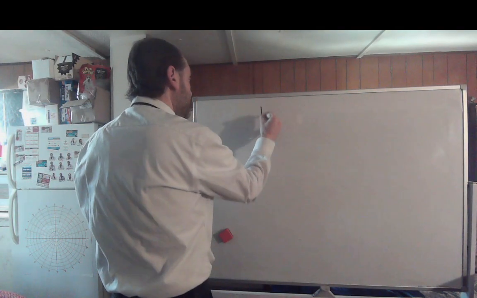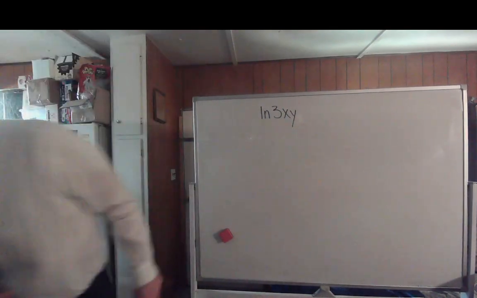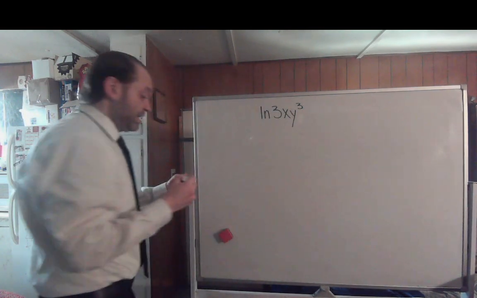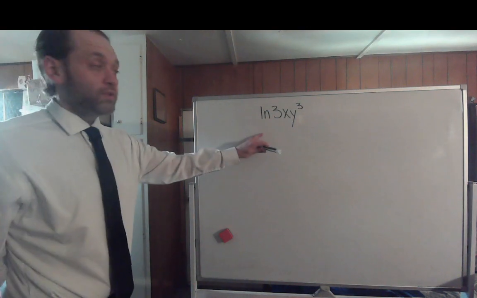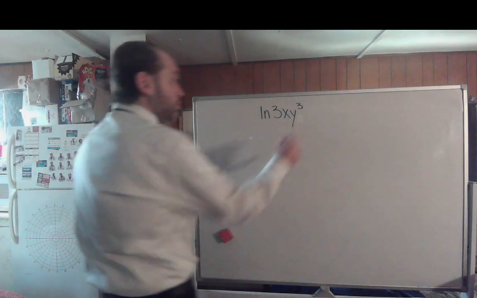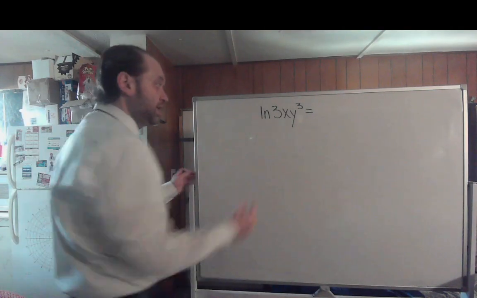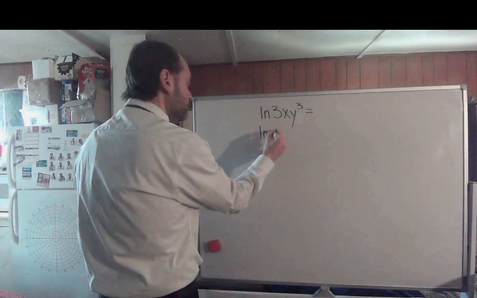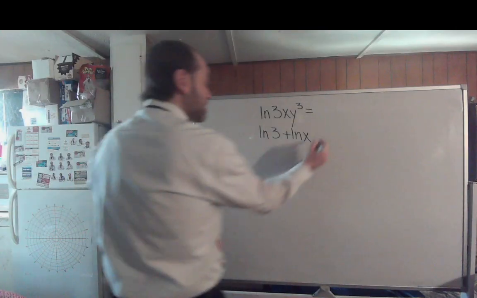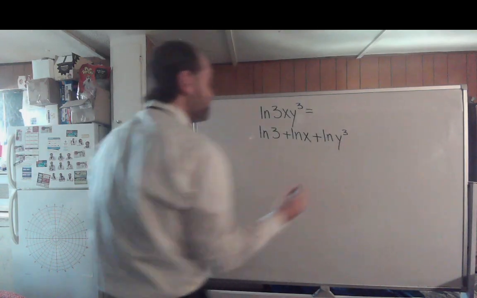Alright, good one. Ln of 3xy to the third. We have the ln of 3xy to the third, so you actually have 3 products in here. Well, if you have more than 2, the same product property still applies. This would turn into the ln of 3 plus the ln of x plus the ln of y to the third.